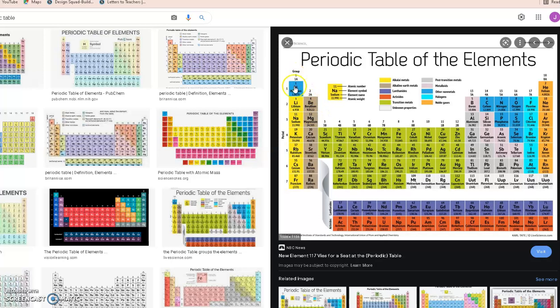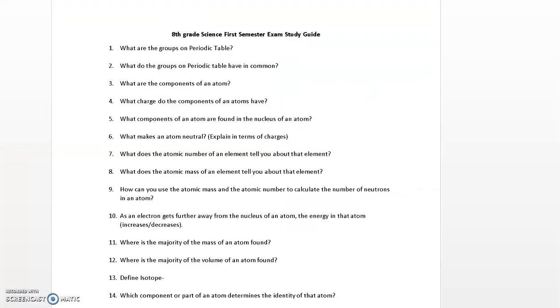So group 1 or 1A has 1 valence electron. Group 2 or 2A has 2. Over here, these have 3. The boron group, or 3A, or group 13 has 3 valence. This has 4 valence, 5 valence, 6 valence electrons, 7 valence, and 8 valence electrons in the noble gases.